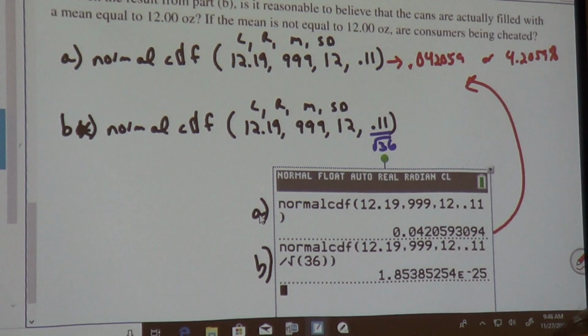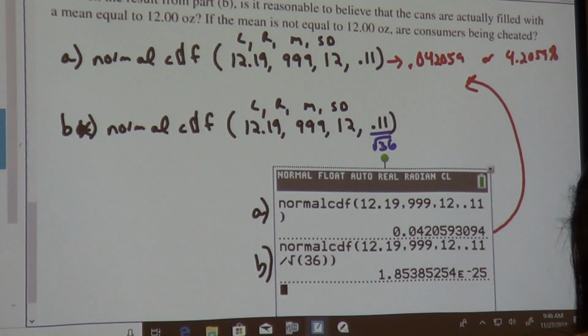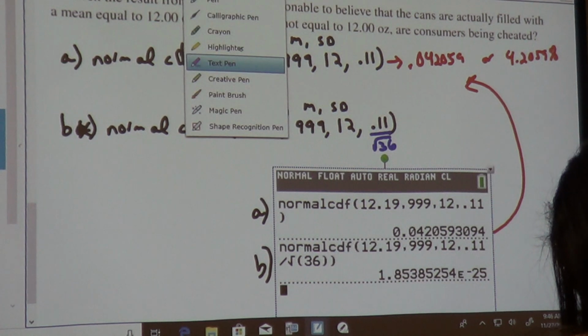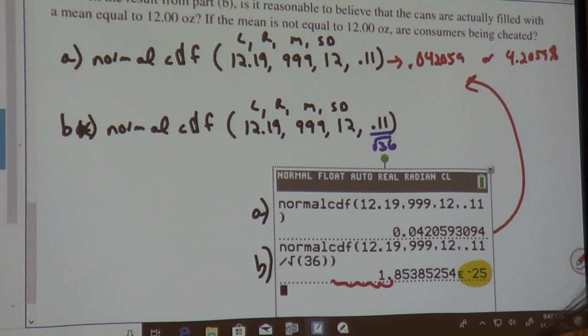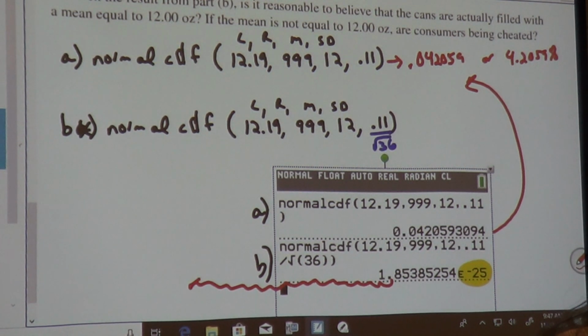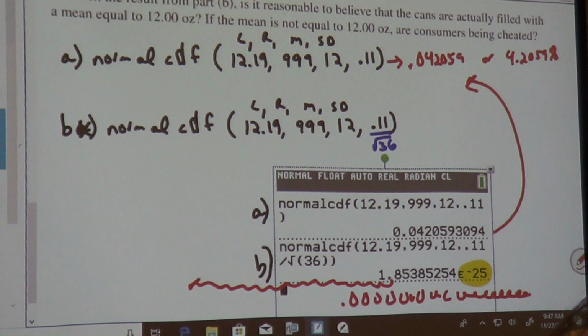If you pay attention to this big thing in the back right here, that means move your decimal 25 times, so it's .000000000000000 and then 1853.